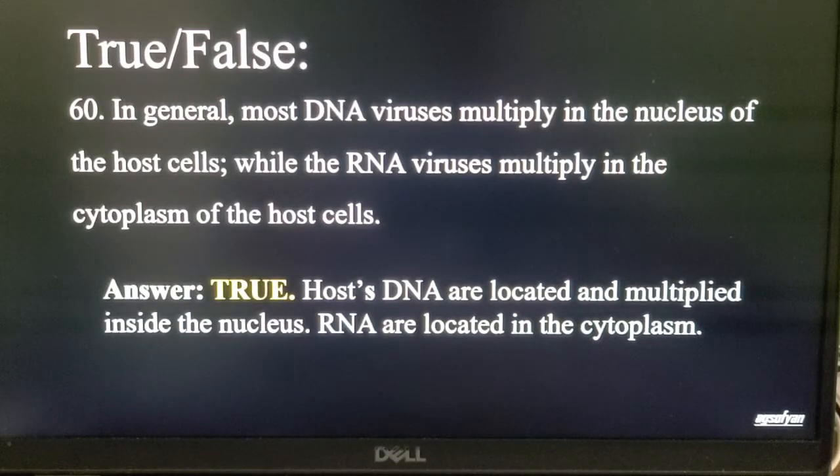Why? Because only the nucleus has the machinery, the enzymes, that the DNA can use to multiply, or to produce RNA through the process called transcription. So DNA viruses have to enter the nucleus in order to use the machinery of the host cell.